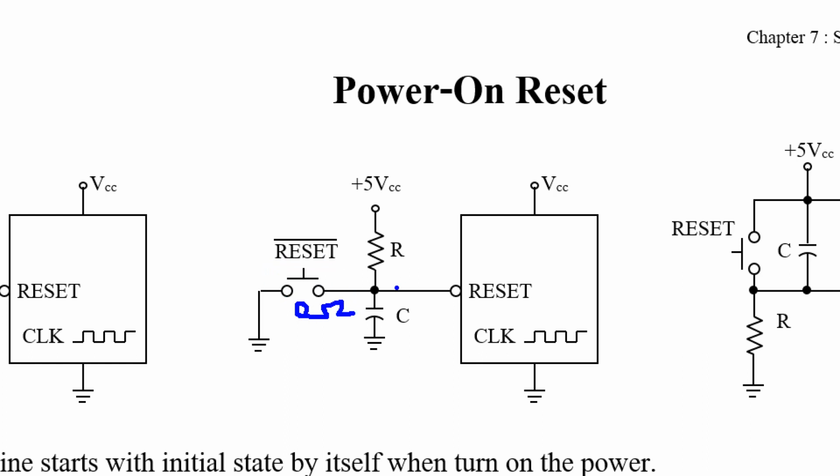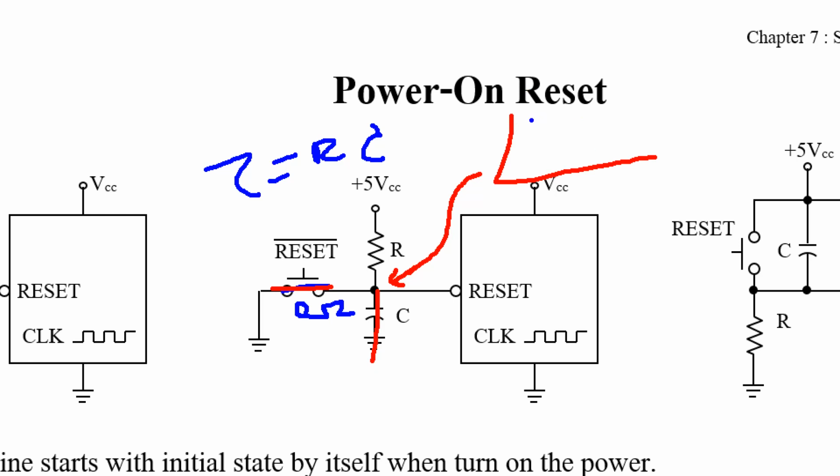That means the time constant RC, when you press the switch, R at here, C at here, becomes 0, very short. That means this point can change from high to low suddenly, from 5 to 0 suddenly.